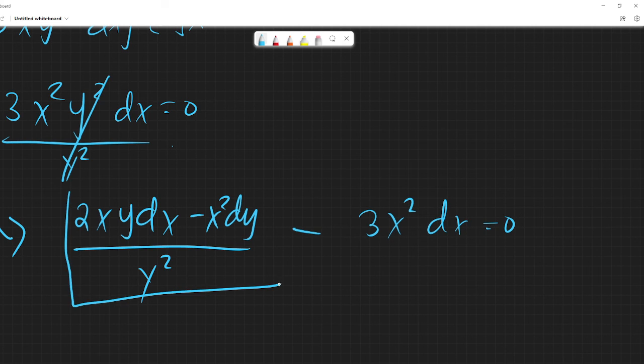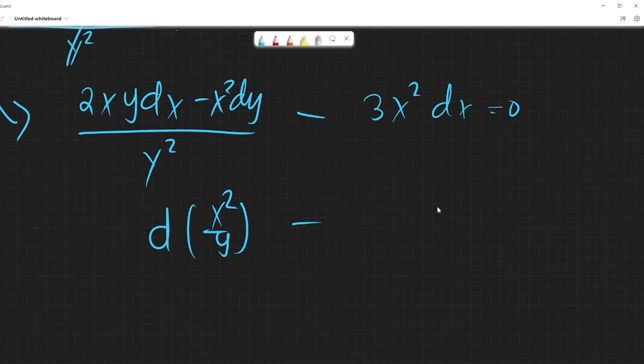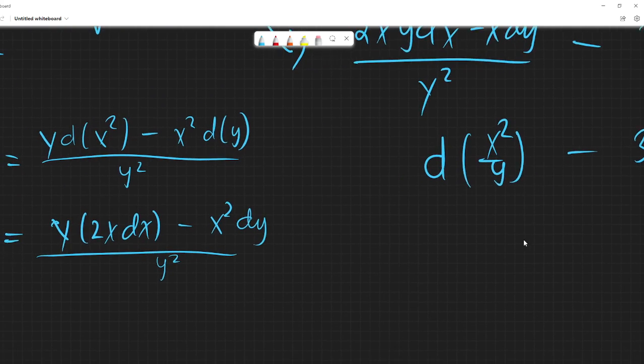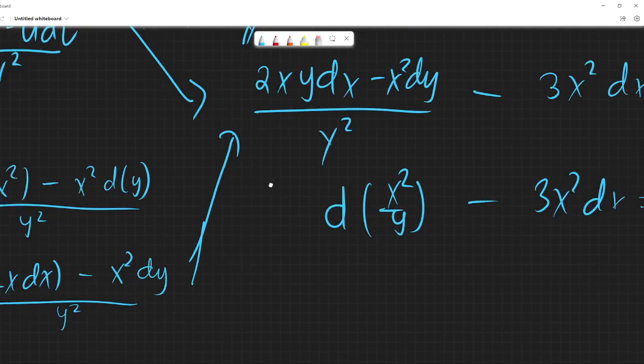Remember that we have derived the formula for this, and that is equal to d of x squared over y, as we have mentioned earlier. Plus 3x squared dx is equal to 0, since these two are the same. As you can see, they are of the same nature.